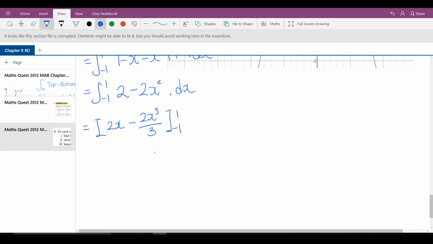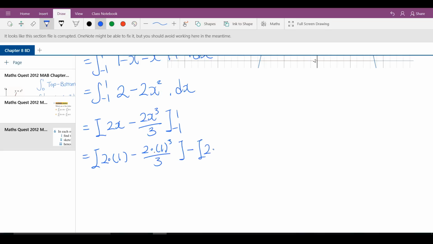Alright, let's start with the numbers. Alright, so it becomes 2 multiplied by 1 minus 2 multiplied by 1 cubed over 3 minus 2 multiplied by -1 minus 2 multiplied by -1 cubed over 3.